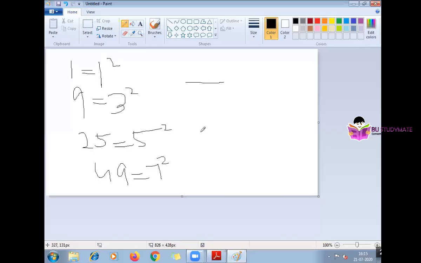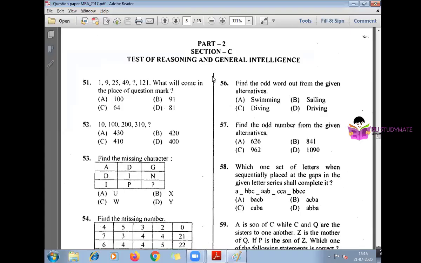And then they have given 121, which is the square of 11. So when you look at it, you can see that they have given the squares of odd numbers 1, 3, 5, 7, and obviously we need to have the square of 9, which is 81. Clear? So the answer for this question is option B, 81. Hope you are clear with this. Okay, so we shall proceed further.